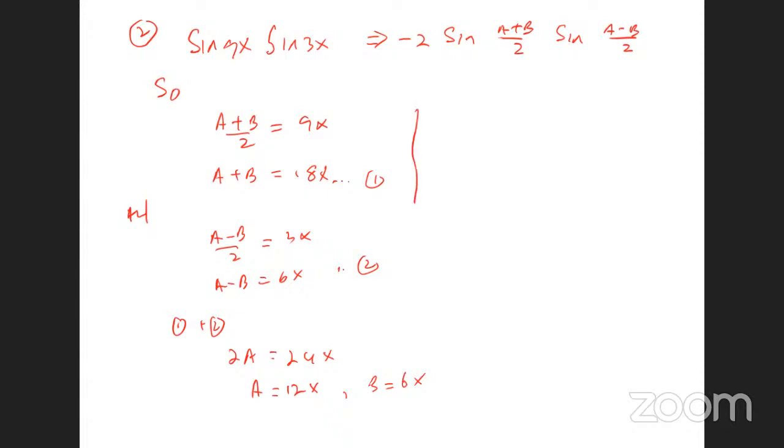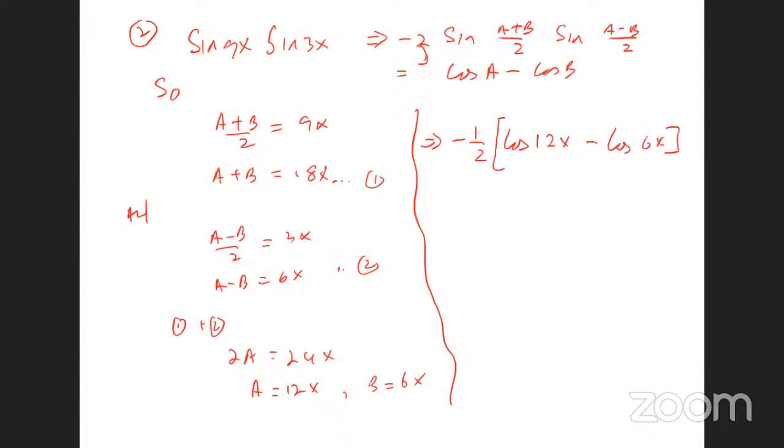So therefore, remember, this is equal to cos A minus cos B. I'm moving across the minus 2. So now we could say minus a half, cos A, which is 12x, minus cos B, which is 6x.